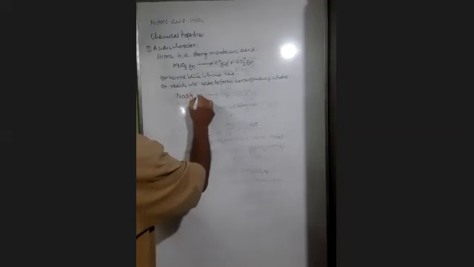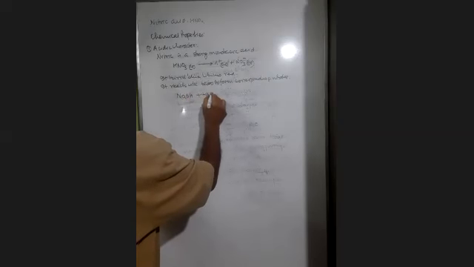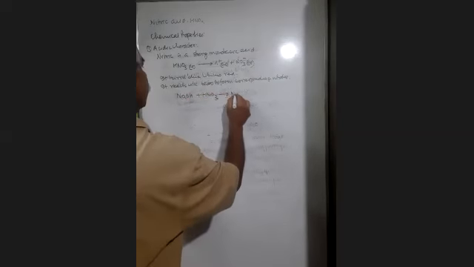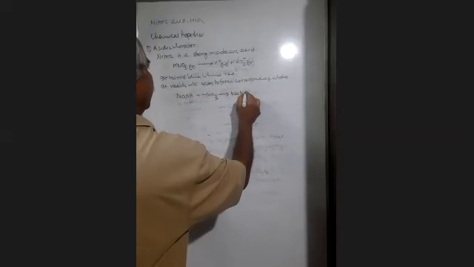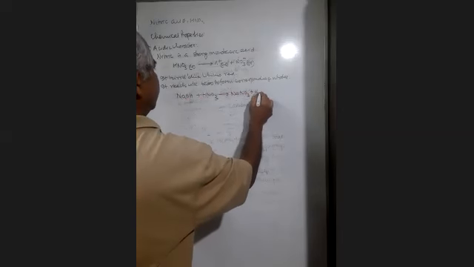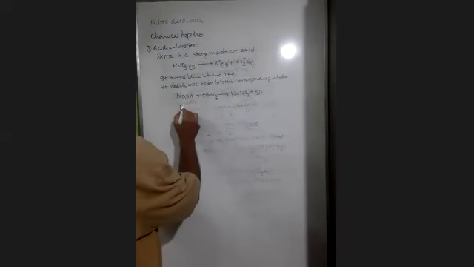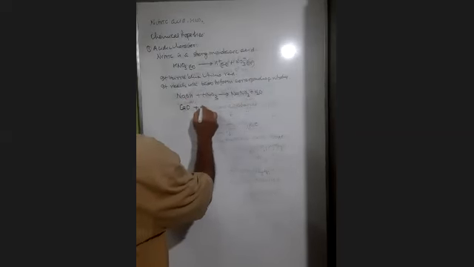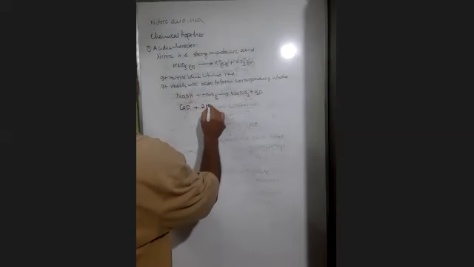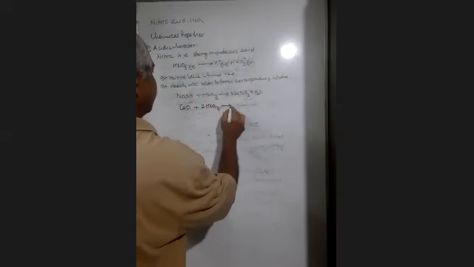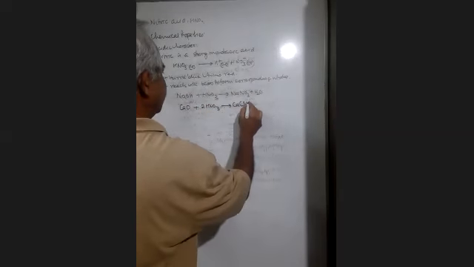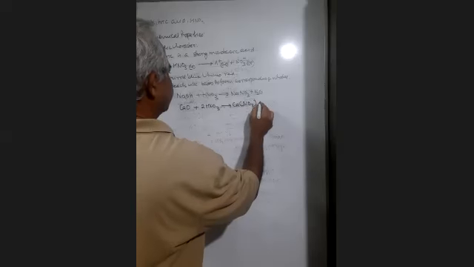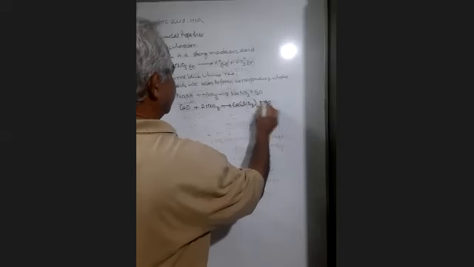Sodium hydroxide, HNO3 will give you sodium nitrate, H2O. Suppose you have taken here oxide. So it will react with calcium oxide to give you calcium nitrate, H2O.